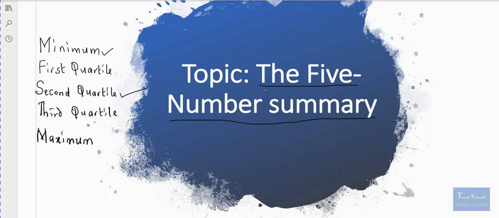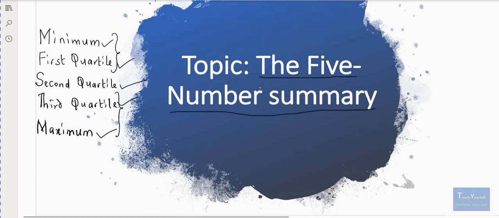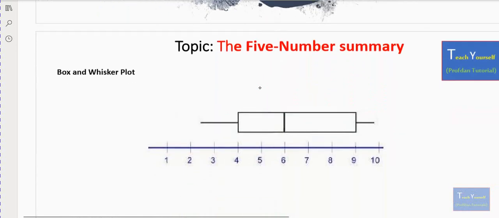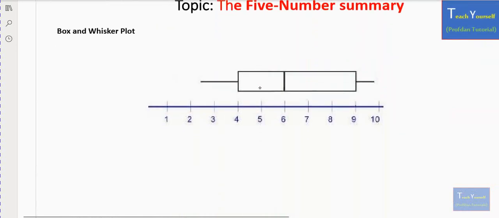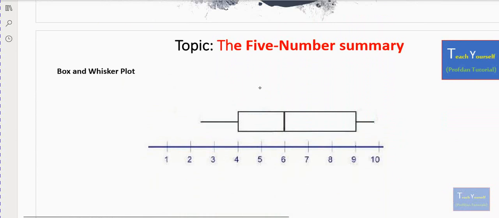From the second quartile downward, which is the lower half, you get the data minimum and the first quartile, and from the second quartile upward, which is the upper half, you get the third quartile and the maximum value. Now I'm going to take you through what we call the box and whisker plot, because your 5-number summary can be plotted on this.